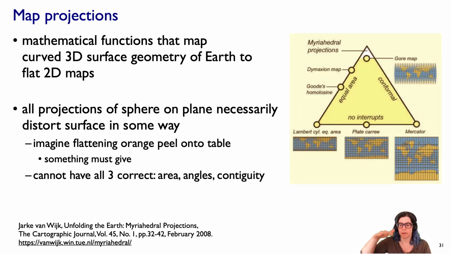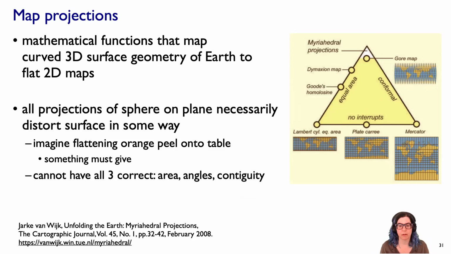Imagine that you took an orange peel and you try to smash it down on a table flat, right? Something has to give. In the case of an orange peel, typically it sort of splits apart. It doesn't preserve contiguity. And in fact, you can't have all three things. You could either have the area of the regions be correct, or the angles stay correct, or it could stay contiguous.